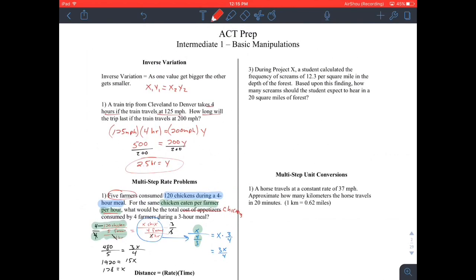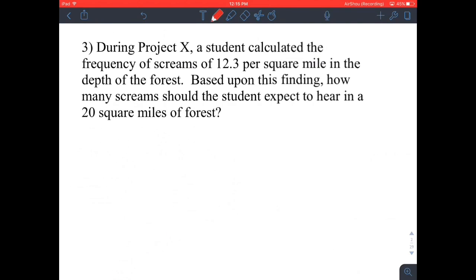Okay, a couple more problems. During Project X, a student calculated the frequency of screams of 12.3 per square mile in the depth of the forest. Based upon this finding, how many screams should the student expect to hear in 20 square miles? So we got 20 square miles. We're going to multiply this by 1 in the form of a fraction.